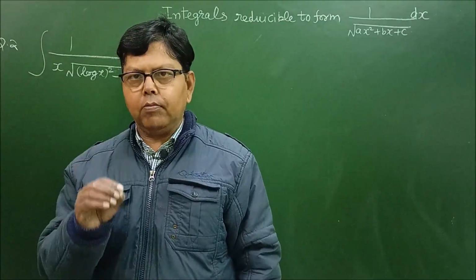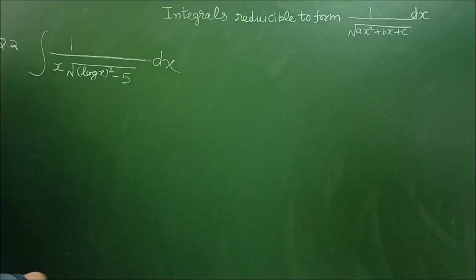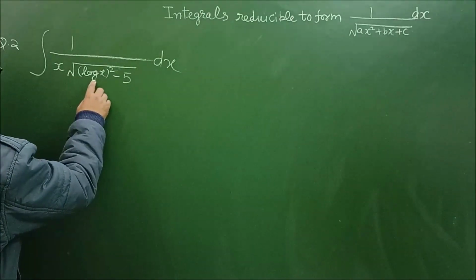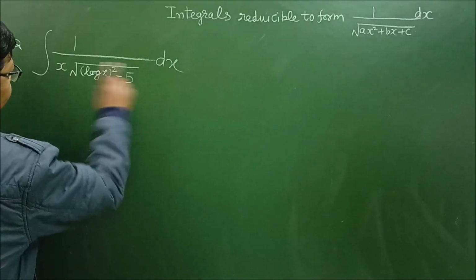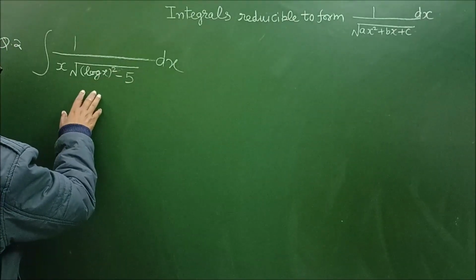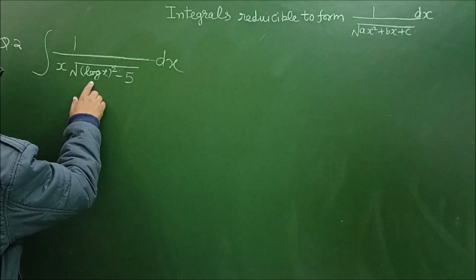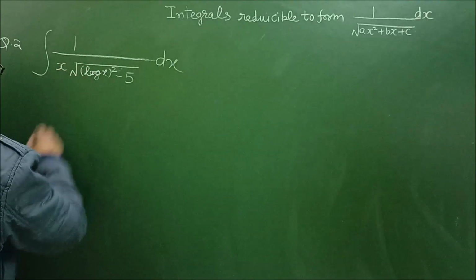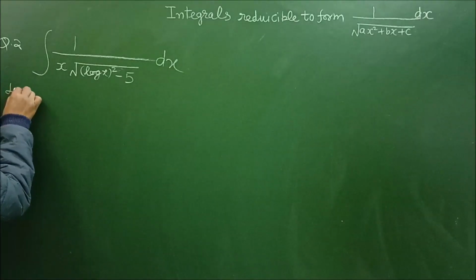Next question, question number 2. Find the integral of 1 upon x under root of (log x) square minus 5 dx. From a general observation, it is clear that the derivative of log x is 1 upon x. So let log x equal t.